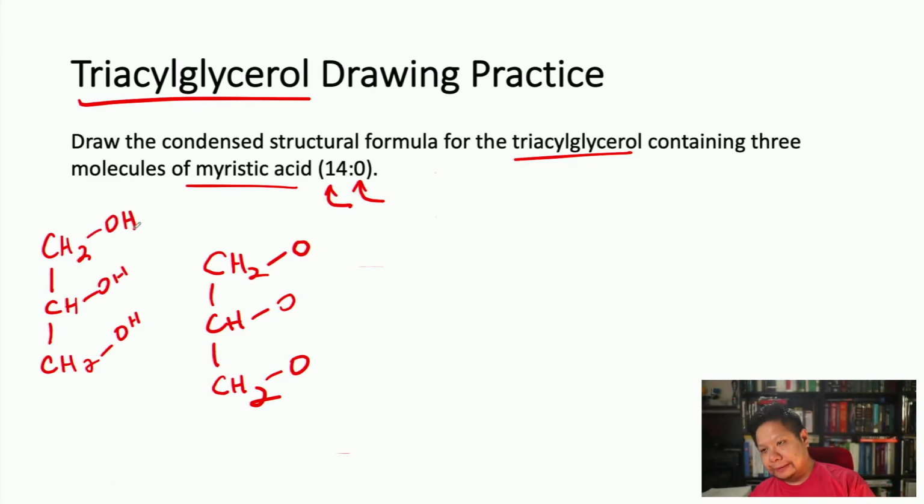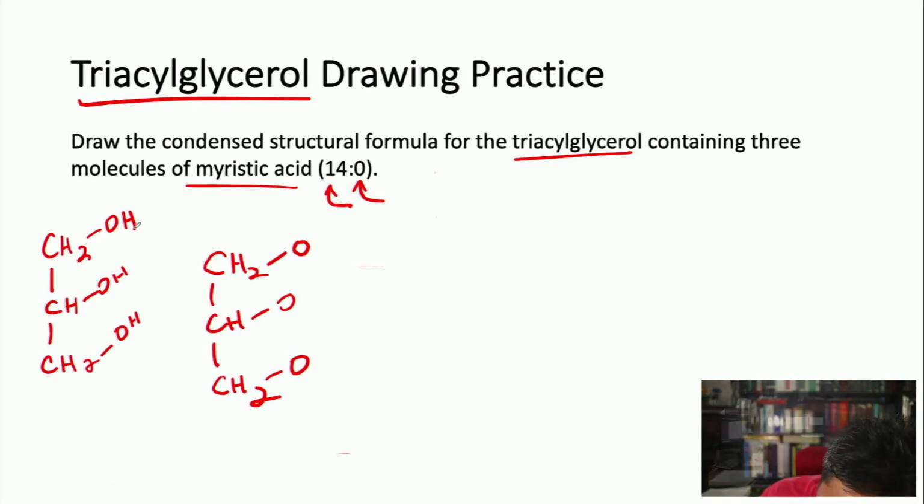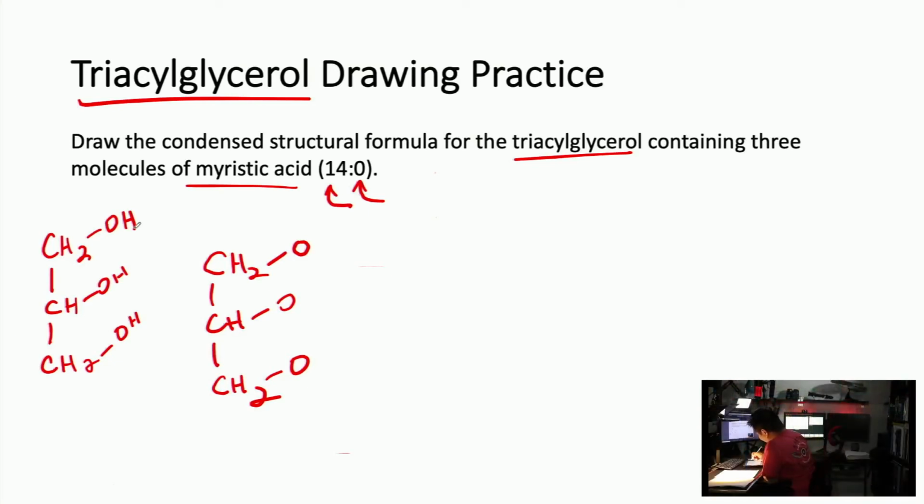Right, that's glycerol. Okay. But since we're drawing the triacylglycerol version of glycerol, there are no H's there, or there. Why are there no H's there? Because now we have to draw the fatty acid that goes with it.